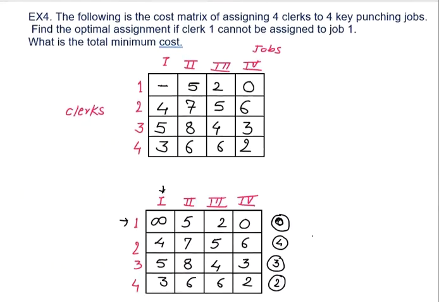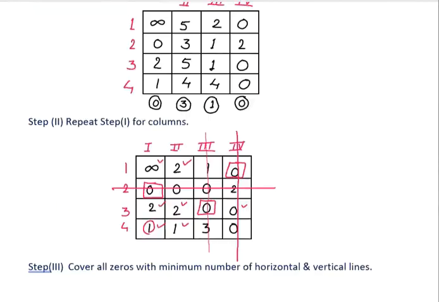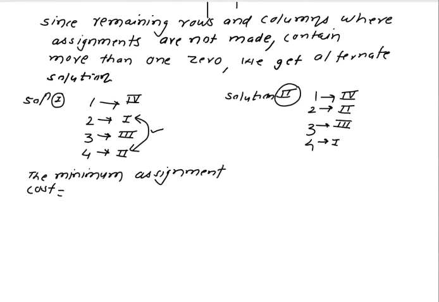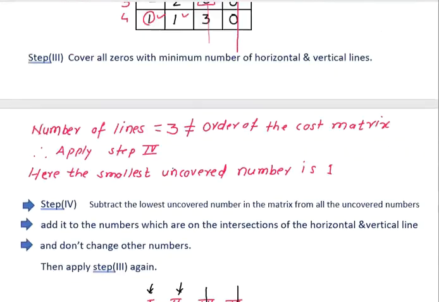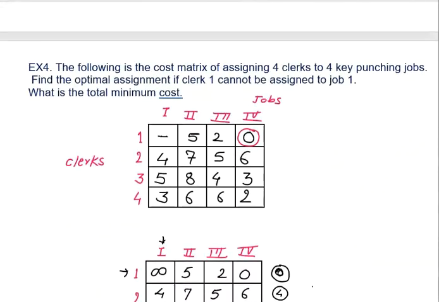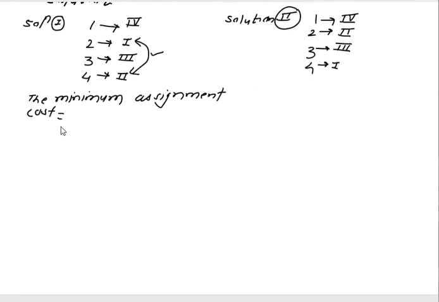In the original matrix, C14 is this cost, 0. Then what is the cost in the second row? Second clerk is assigned to job number 1. So when the second clerk is assigned to job number 1, the cost is 4. So 0 and 4.